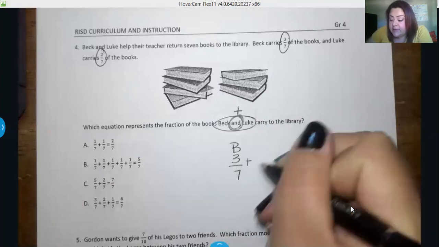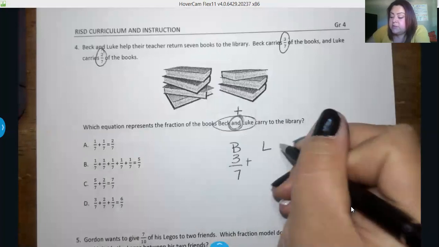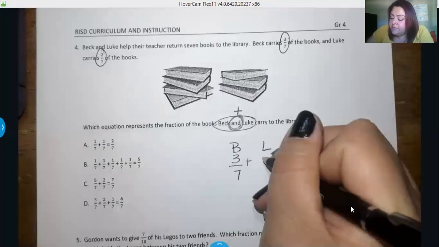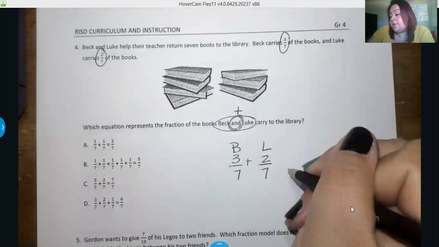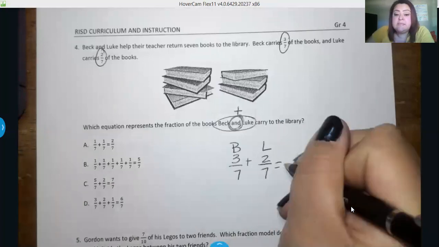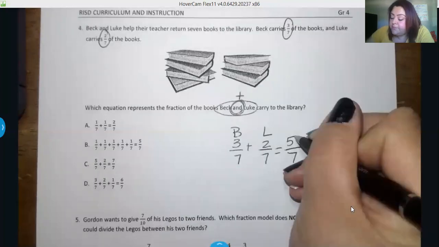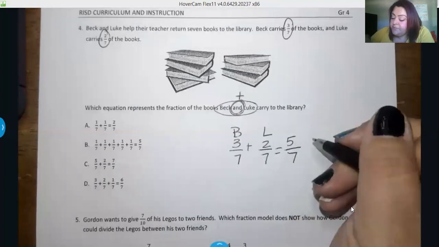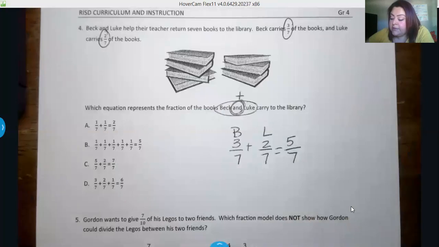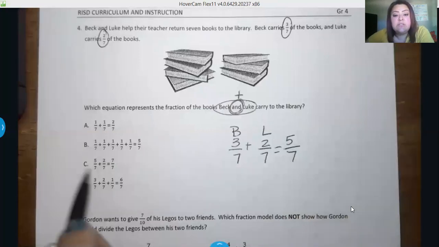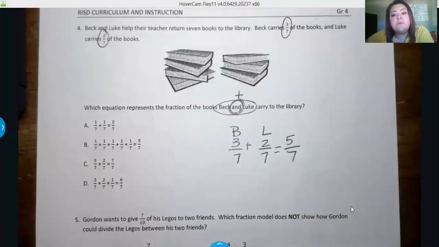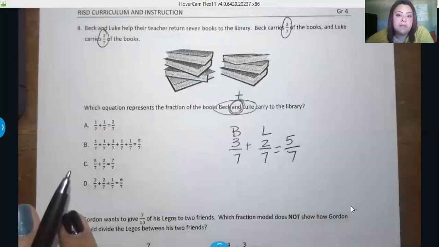Plus, like we just said, Luke carried 2/7. Okay, we need to add them together. My denominator stays the same. I add the top. 3 plus 2 is going to equal 5. 5/7, okay? So I need to go through and see which one of these is equal to 5/7. That's what I'm looking for. And then we're going to make sure that one's broken down like they wanted.